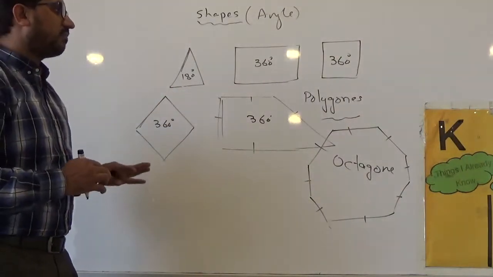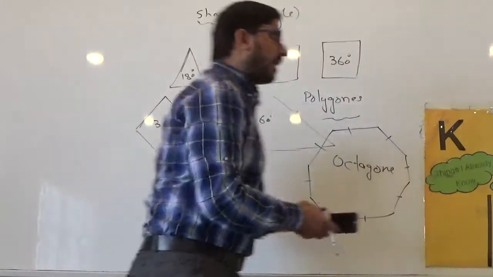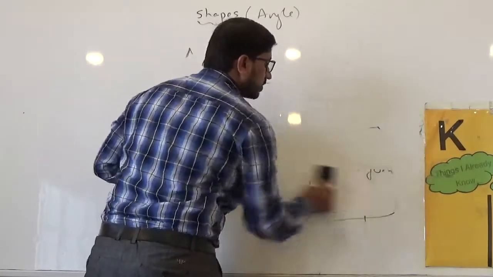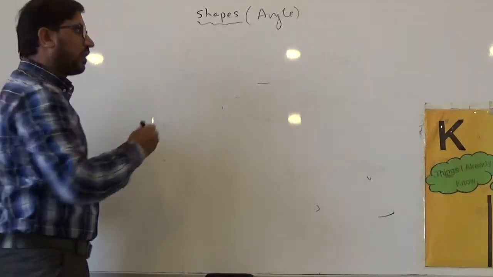How can we find out some basic things regarding these polygons, and what are those basic things? The very first thing is how we can find the sum of interior angles for those polygons.